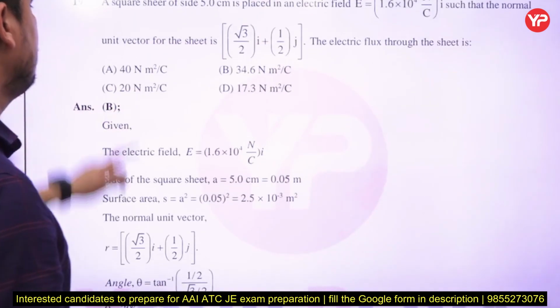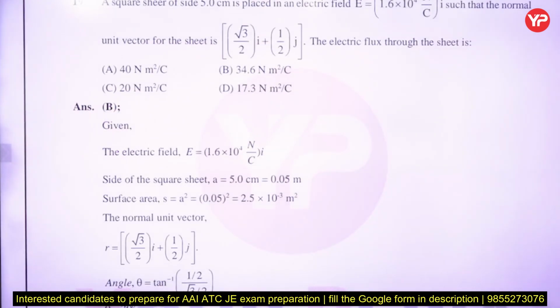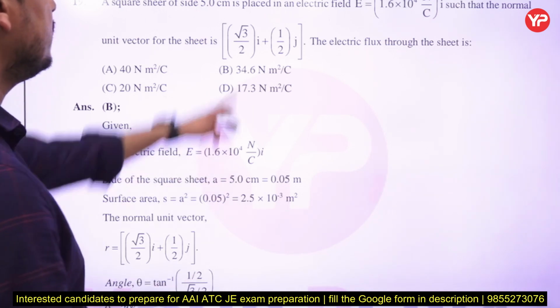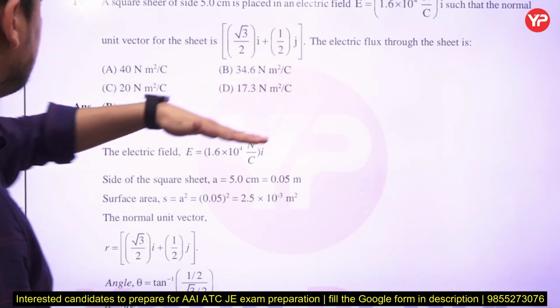Next, a square of side 5 centimeter is placed inside an electric field such that the normal vector of the sheet is this one. Yeah, this is the same question. You have to calculate the angle between the electric field and this unit normal vector.